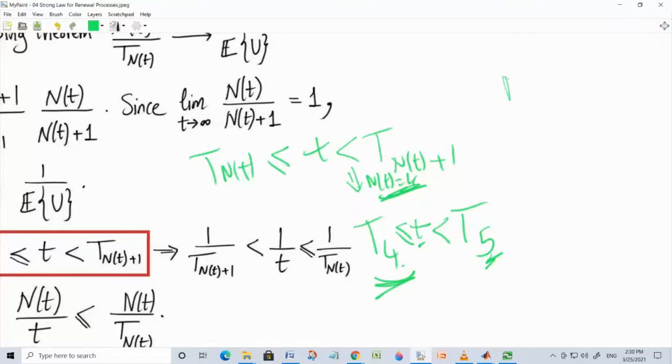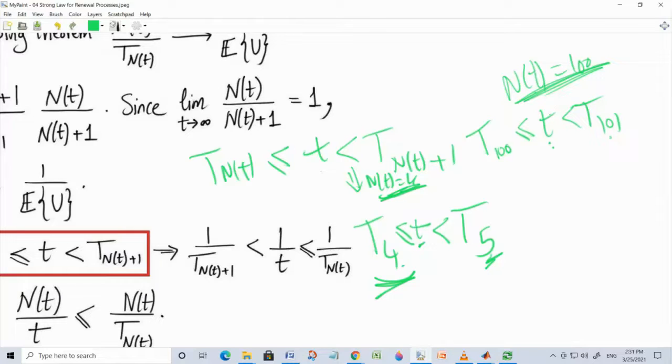So what if N of t is equal to 100? This inequality tells you that t is less than T_101 and greater than or equal to T_100, which makes sense. If at time t you have 100 arrivals, then arrival number 100 has occurred at a time less than or equal to t, and arrival number 101 should be after t.